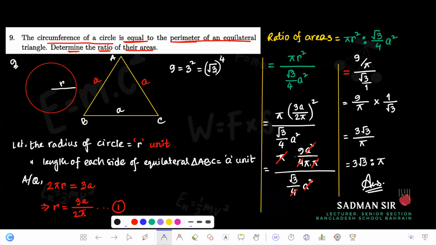So 9 is actually root 3 whole to the power 4, and then divided by root 3. So 1 root 3 cancels 1 root 3. Out of 4, 1 root 3 gets cancelled, so it will be root 3 cube. Correct or not? Root 3 cube is actually root 3 into root 3 into root 3. Now 2 root 3 makes 1 3, so 1 root 3 will be left. So that's how we get 3 root 3.